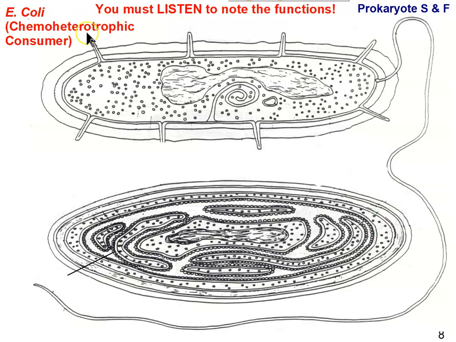It's other feeding. Literally translated, hetero means other and trophic means to feed. So heterotrophic, feed on others. And chemo describes where it gets its energy. So it gets its energy from chemicals that it eats, and it gets its carbon from chemicals that it eats. It's a chemoheterotrophic consumer.